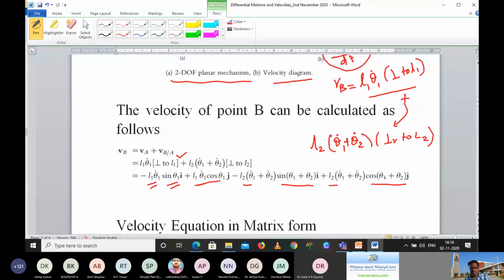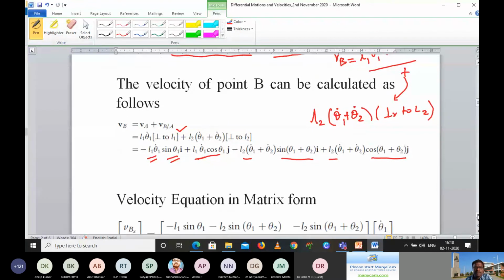That's all. This is the velocity, how to calculate the velocity of the point based on our equation. If you feel that this is very tough, I will teach you another method which will be very simple. Now, based on this, how to put this particular equation into matrix form?